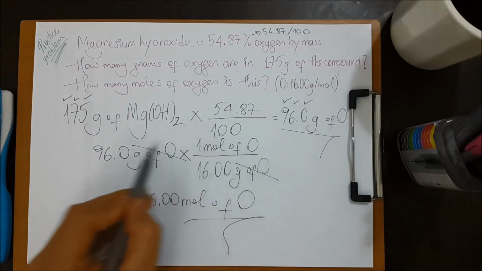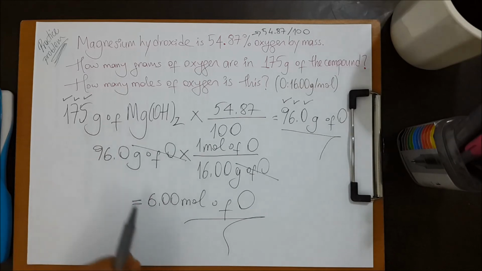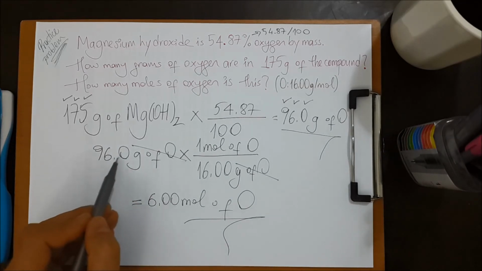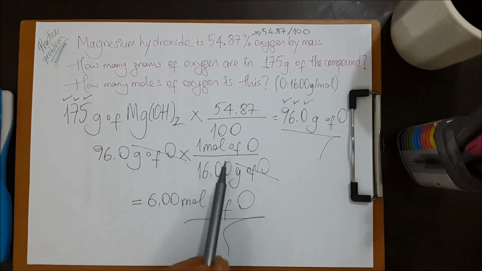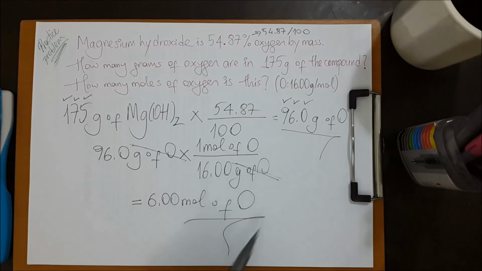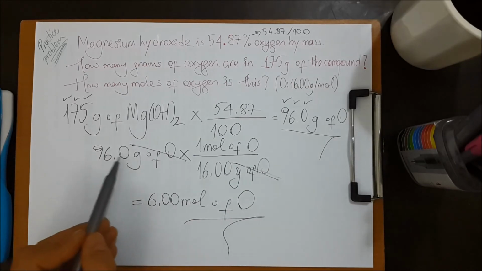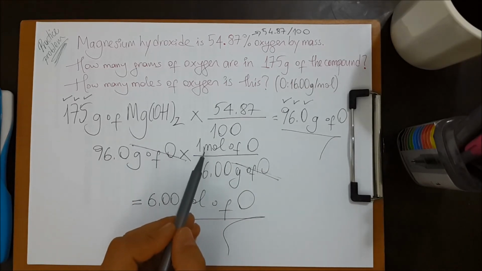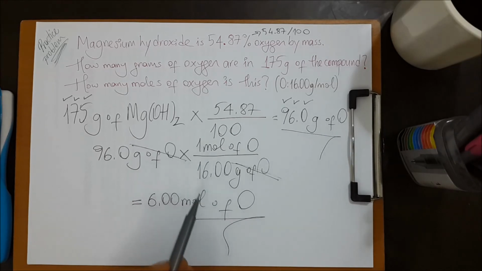If you use this conversion factor, you will find the mole of oxygen. 96.0 grams of oxygen times 1 mole of oxygen over 16.00 grams of oxygen. As you see, same units are simplified, and 96.0 over 16.00 makes 6.00 moles of oxygen.